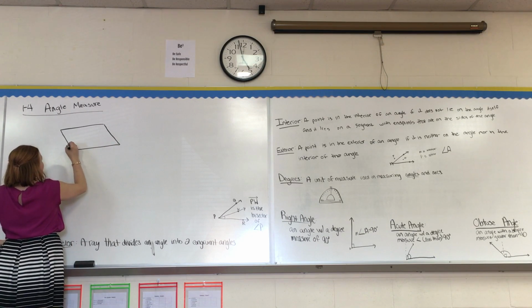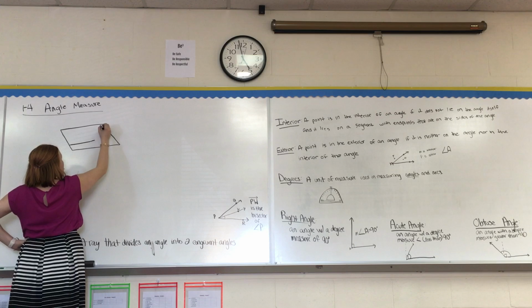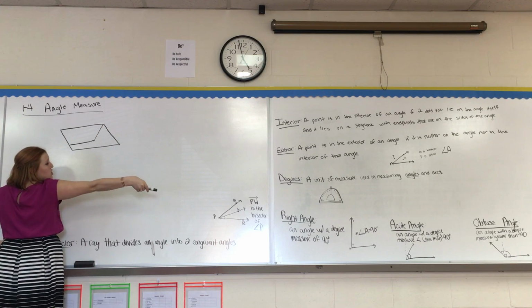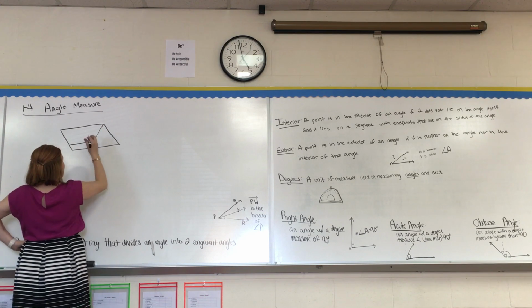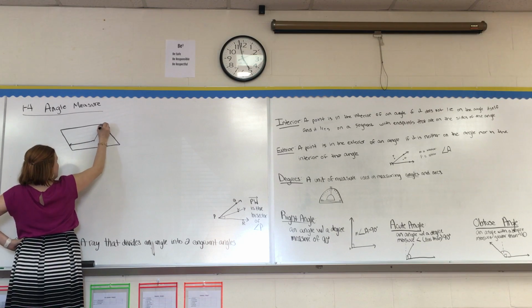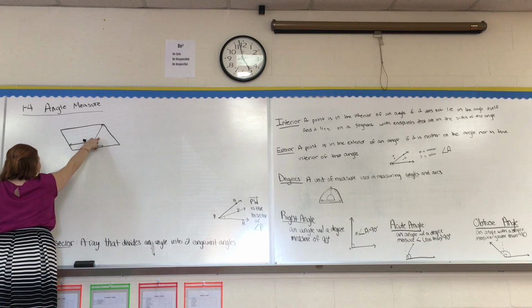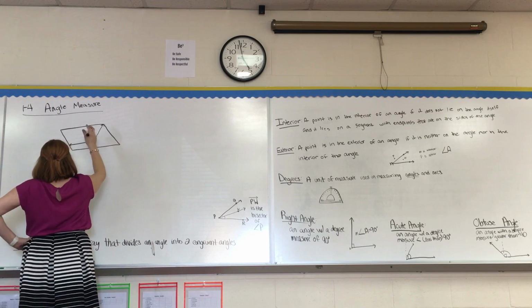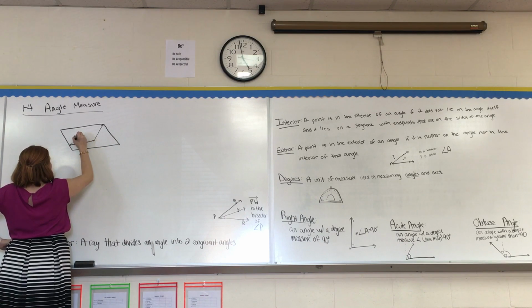If I put any angle in here, I'm going to draw an obtuse angle. Remember, obtuse means that it's bigger than 90 degrees. This is larger than 90 degrees, okay? I put an obtuse angle in there. I'm going to put some points.